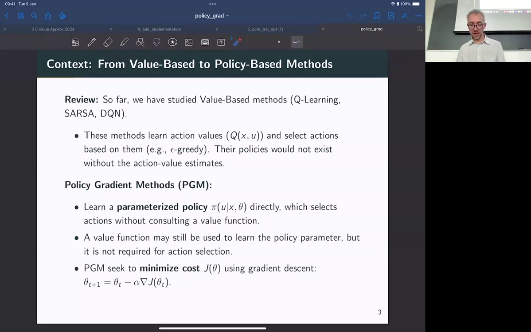It's simpler, it's directly optimizing what we care about, which is this cost J of theta. The optimization is going to rely, as usual, on some variant of gradient descent, for the same reason we have relied on stochastic gradient descent for training the neural network representing the value function. Here we do the same because it's going to be, in general, a big neural network with many parameters theta. And so using second order optimization like Newton's method does not scale.